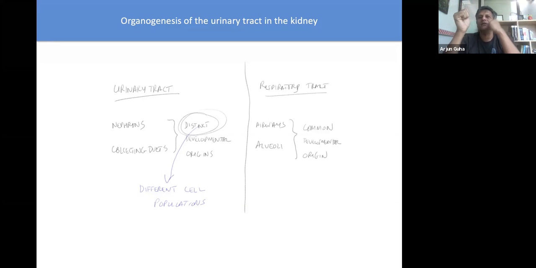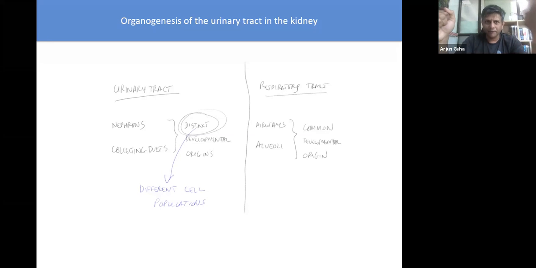The principal difference, arguably the most important difference in the nature of the processes that build the urinary tract and build the respiratory tract in the lung, is the fact that the branch structure in the kidney actually is derived from two completely different populations of cells. In other words, the collecting ducts and the branch structure of the collecting ducts originates from one population of cells.